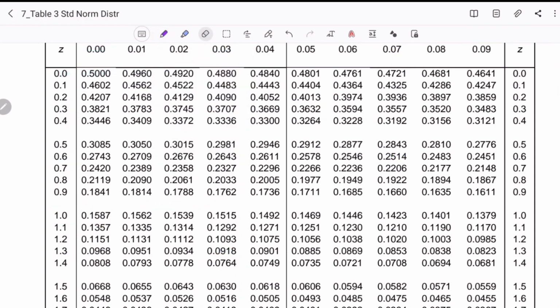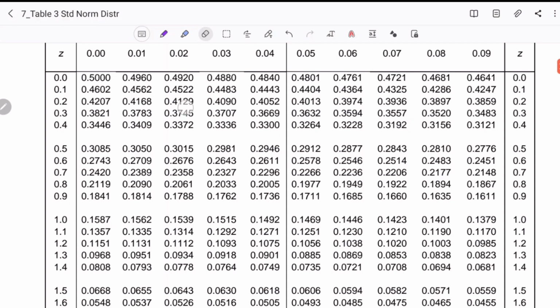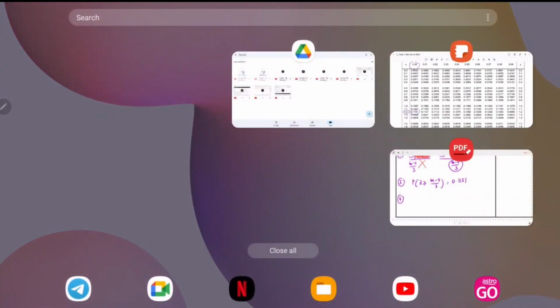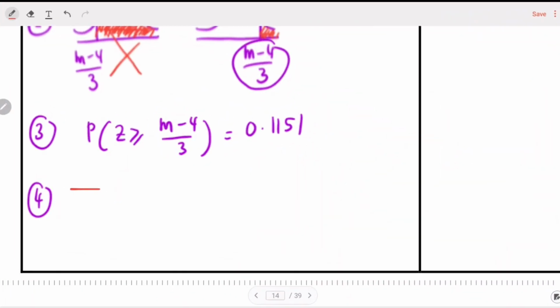Take a look at the standard normal table. Find here the value 0.1151, which is here. So the value is Z greater than 1.20.